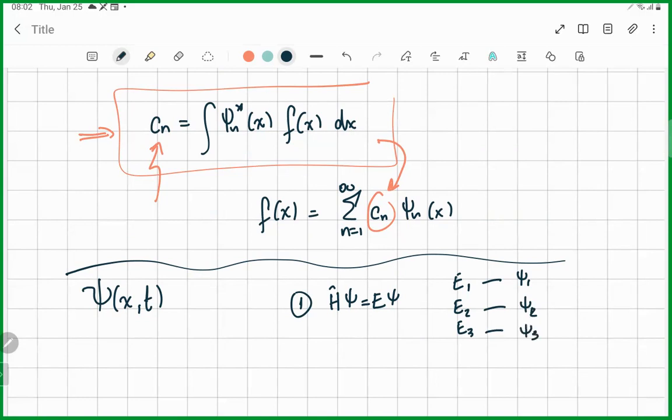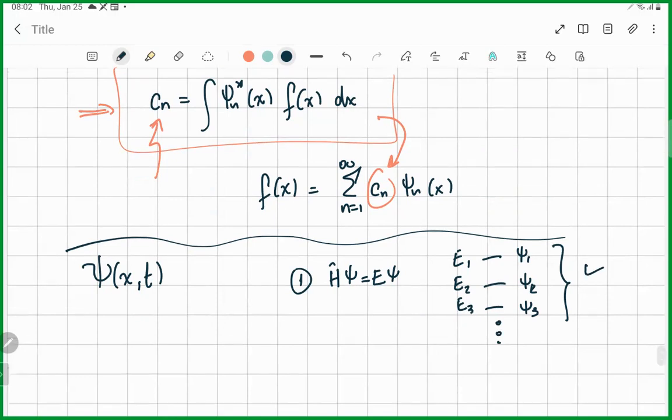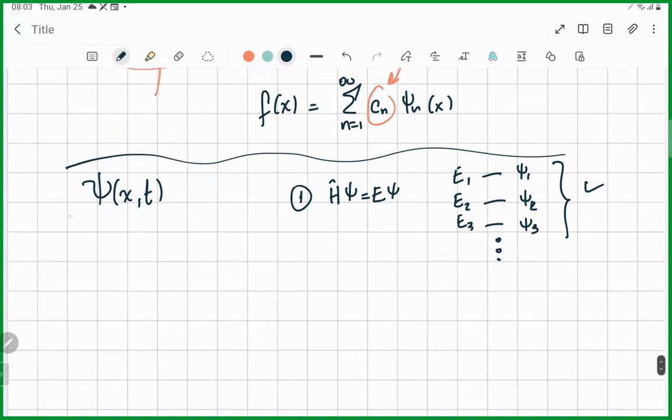What we just did in this section was to find the solutions for the infinite square well. So in our process to obtain the whole wave function, we already did the first step.